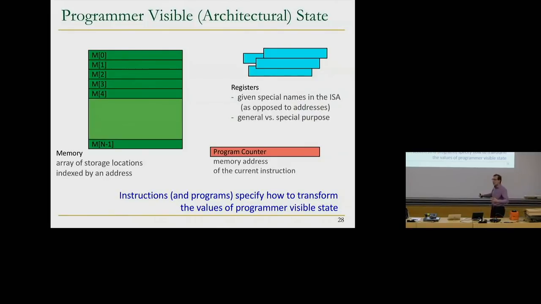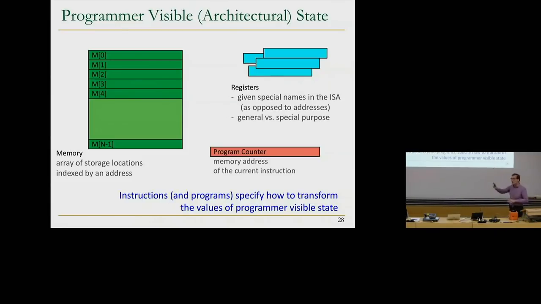And you write your program so that you transform the state of all of this to some other state, such that you get some useful work done. Useful work depends on the task you're trying to execute, and you write your program such that you achieve that task. So you select the set of instructions and the sequence of instructions, and a way of sequencing through those instructions so that you can achieve the goal. Okay, that's very important. So this is what's visible to the programmer.